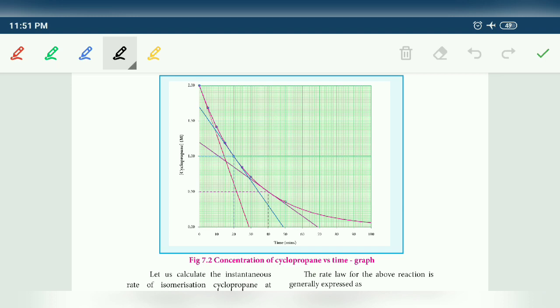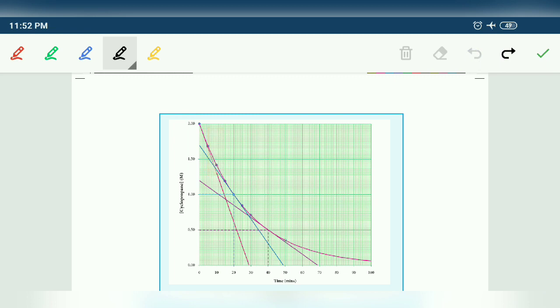It is obtained by calculating the slope of the tangent drawn to the curve at any instant. That is the tangent. This is the tangent view.